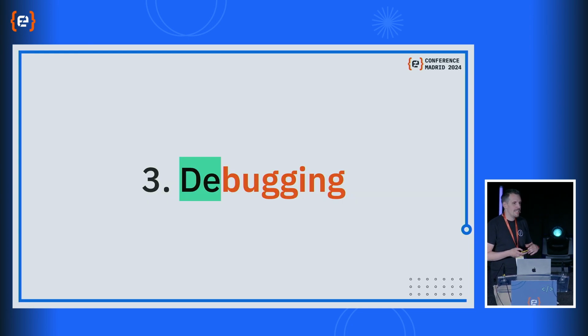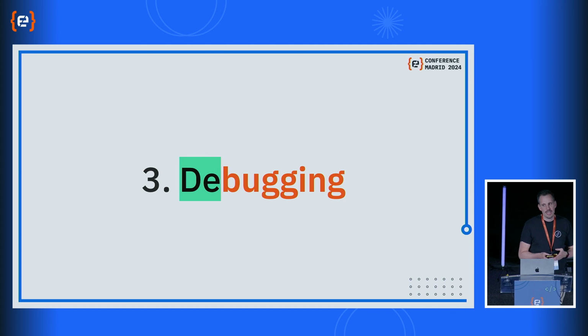But let's say that you find a rendering issue or that the UI doesn't go as smooth as we would consider, and we think it could be because of recomposition. This is the point where we should think about debugging.